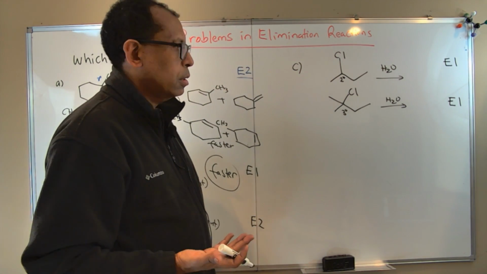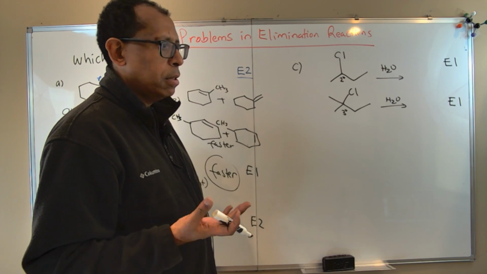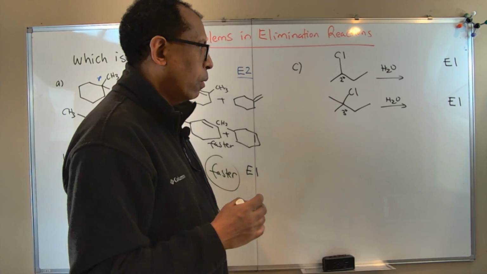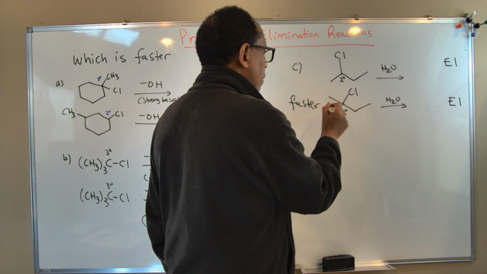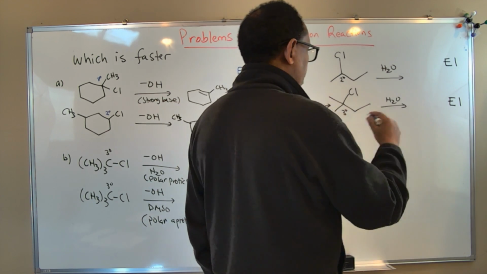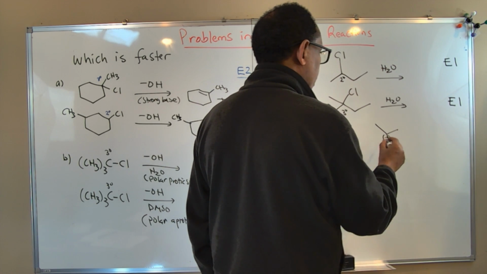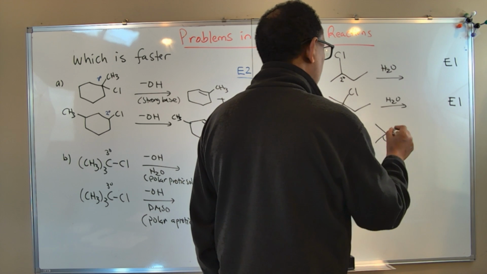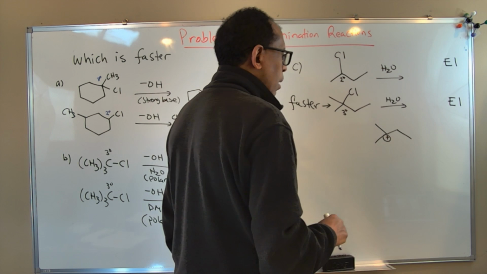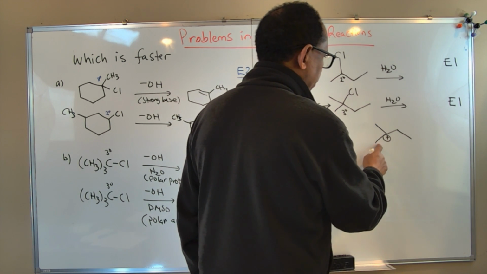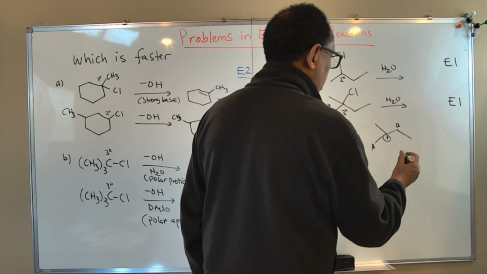In an E1 mechanism, a tertiary alkyl halide is favorable. That's because it forms a carbocation. Therefore, this one is the faster reaction. And the product would be, because it goes through a carbocation, the chlorine leaves. Since I have that, you could get a loss of the hydrogen from this beta carbon or from this beta carbon.